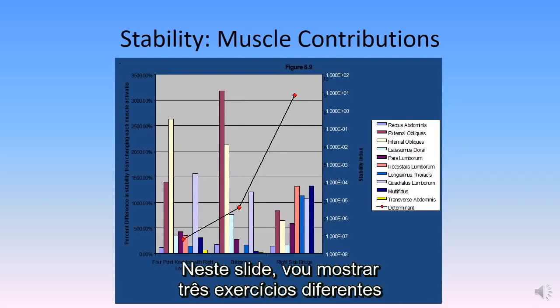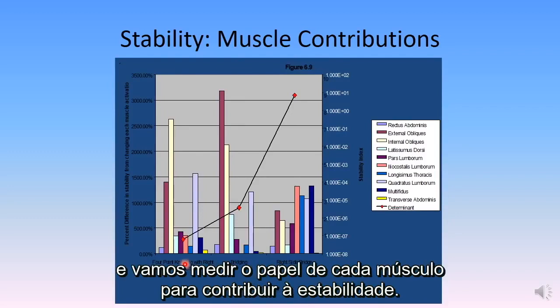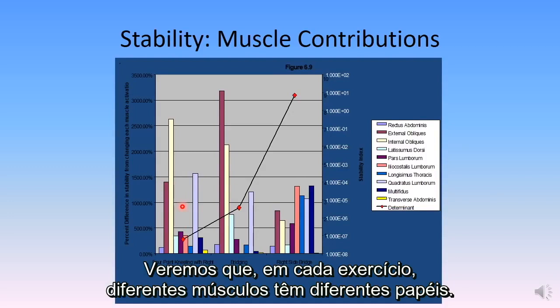In this slide, I'm just showing three different exercises called spine stabilization exercises, and we're measuring the role of each muscle contributing to stability. And you will see that in every exercise, different muscles play a different role.